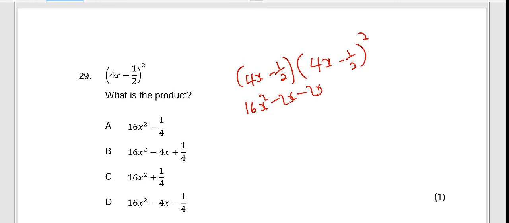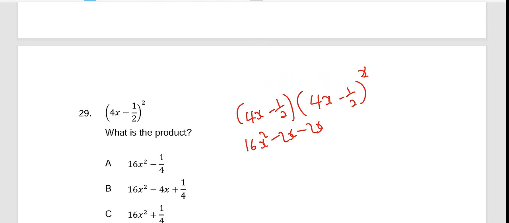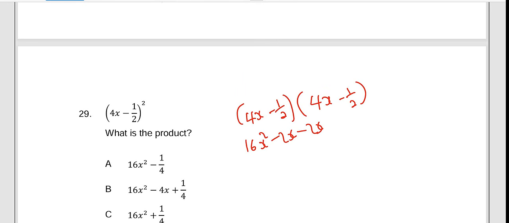This one gives me minus 2x. And then negative 1 over 2 times negative 1 over 2 is 1 over 4. And I will add the like terms. 16x squared minus 4x plus 1 over 4.